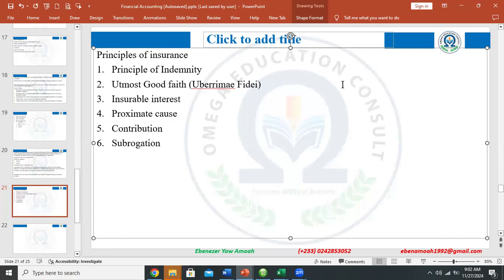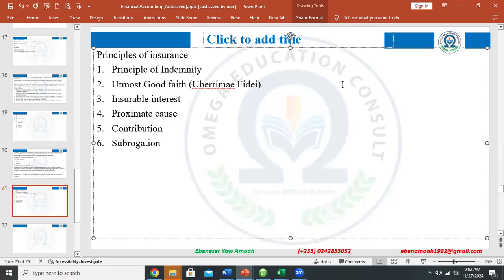So if you insure your motor against accident and it happens, and then the insurance company compensates you for your loss, if the motor vehicle had some scraps, it doesn't belong to you, it belongs to the insurance company. If your building was gutted with fire and the insurance company has compensated you, whatever is left is for the insurance company to deal with.